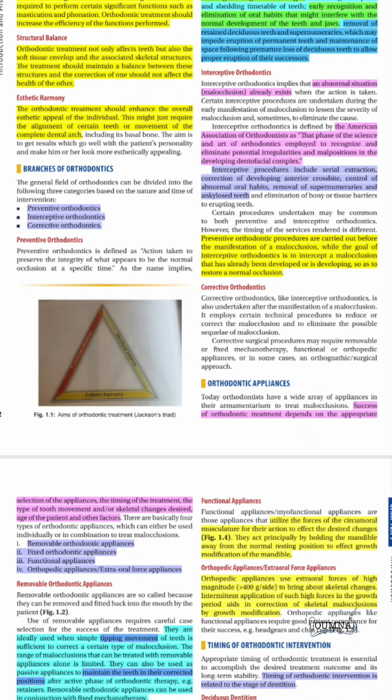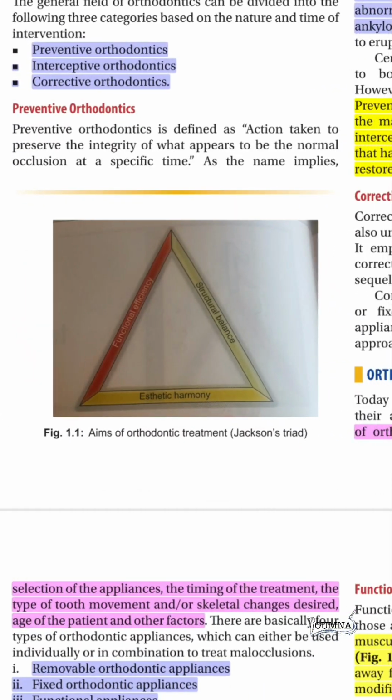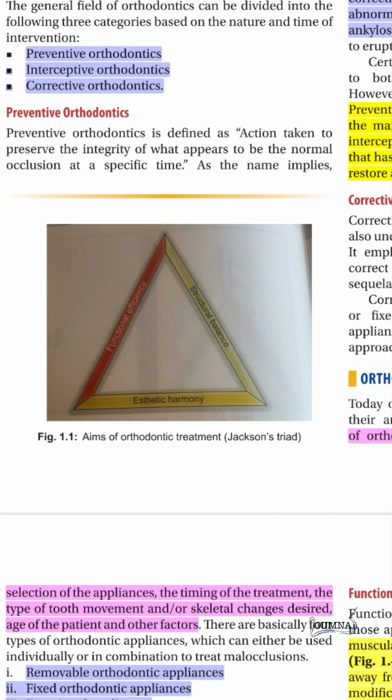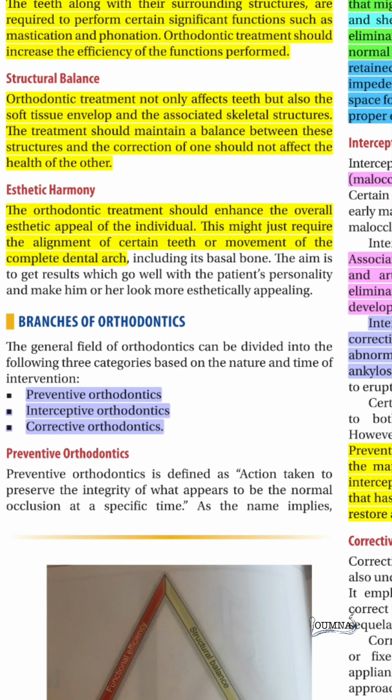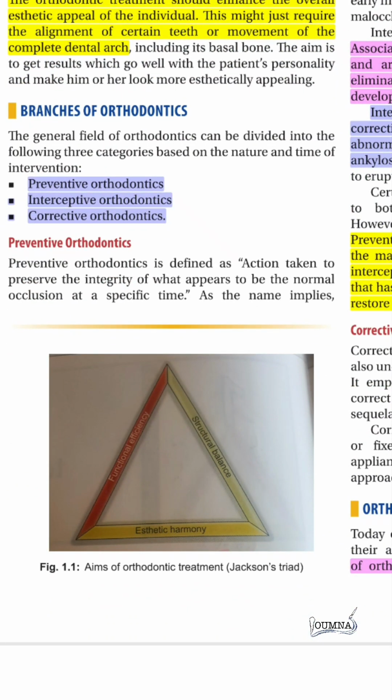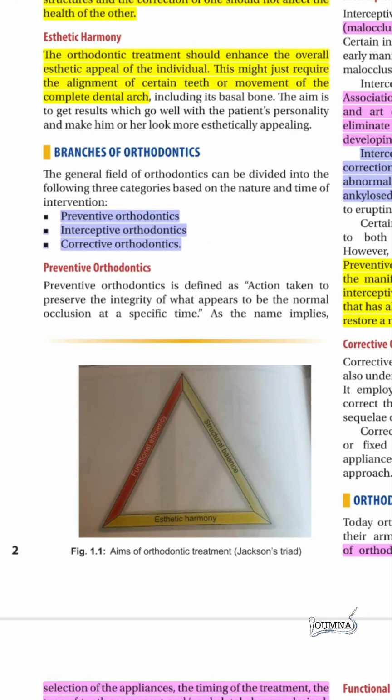Orthodontics aims for three main things: maintaining the functional efficiency, which is the mastication and the phonation, then the structural balance between the jaw, tooth, and the soft tissue surrounding, and maintaining the aesthetic harmony by aligning the tooth inside the jaw to increase the aesthetic aspect for the patient.